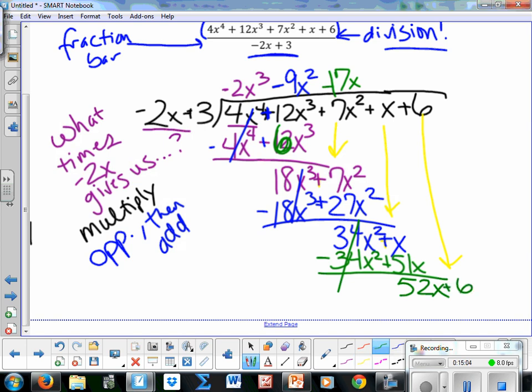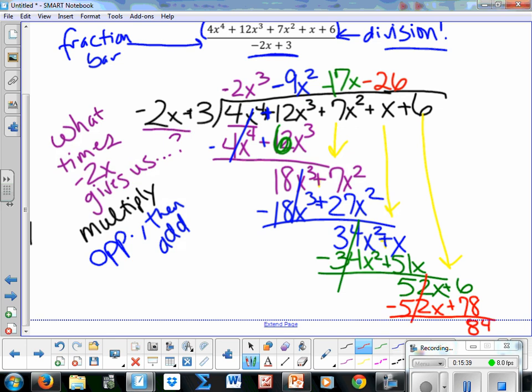But we can still find something: negative 2x times what gives us our 52x? Negative 2x times negative 26 is what gives us that 52x. Negative 26 times 3 is negative 78. So we're going to do opposite, opposite, add. Those cancel. 78 plus 6 is 84.